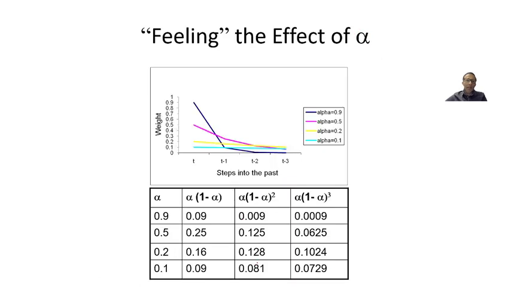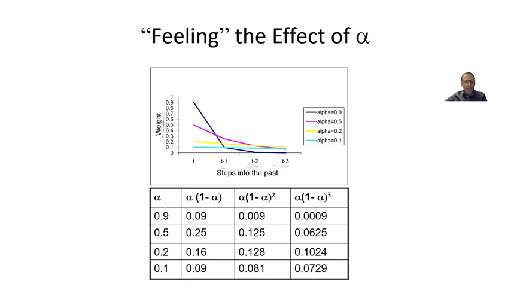So here we have an example of feeling the effects of alpha. Here we have alpha at 0.9, the weight that we give to alpha, and the steps into the past. So we are using t minus 1, t minus 2, and t minus 3.